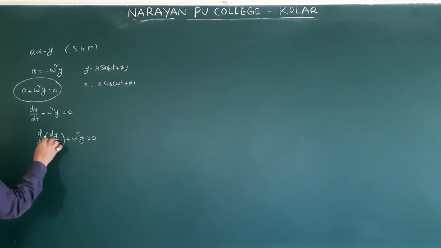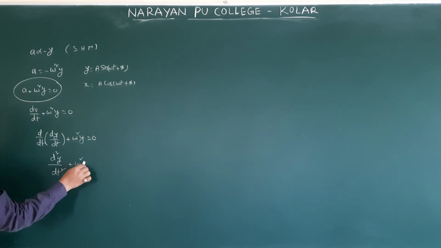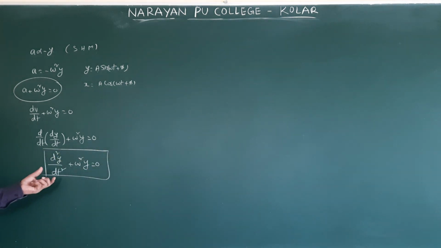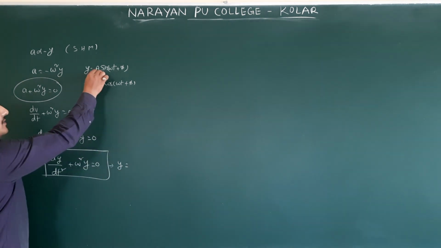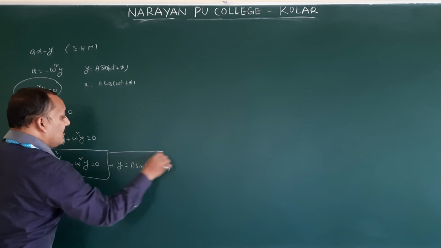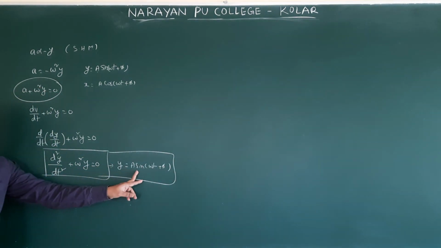So d square y by dt square plus omega square y equals 0. This is called a second order equation in mathematics. For this, what is the solution? For y, what do we give? If you put y is equal to A sin(omega t plus phi), you will get this equation. This is the solution.